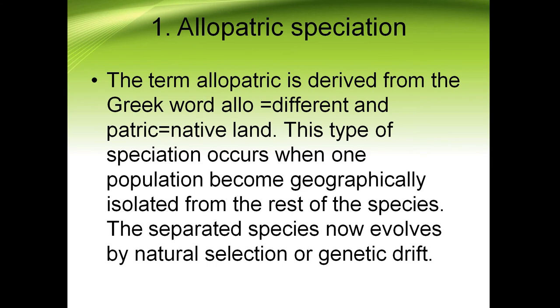Then the separated species will evolve by natural selection or genetic drift. Genetic drift is nothing but the size of the population getting reduced due to chance events.